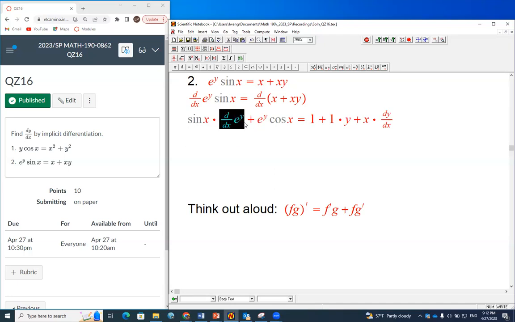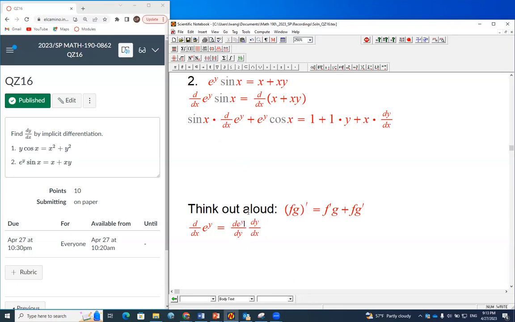The question is, so we're done with that part. The only thing we have left here is right here, dy. So this piece, you're going to use the chain rule. So this is going to be dy, and then dy dx. Okay, put it right here.